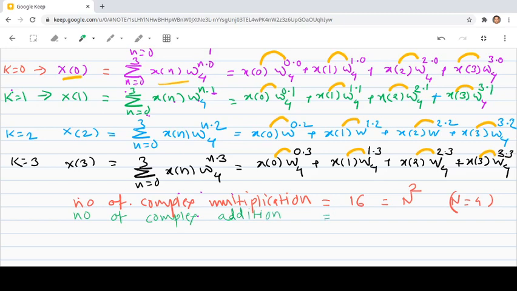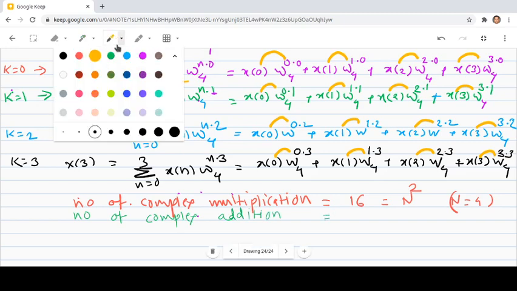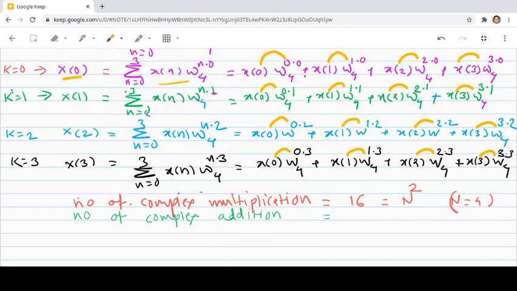If I have to count, I can count like this: one addition here, second here, third here, fourth here, fifth here, sixth here, 7th, 8th, 9th, 10th, 11th and 12th.